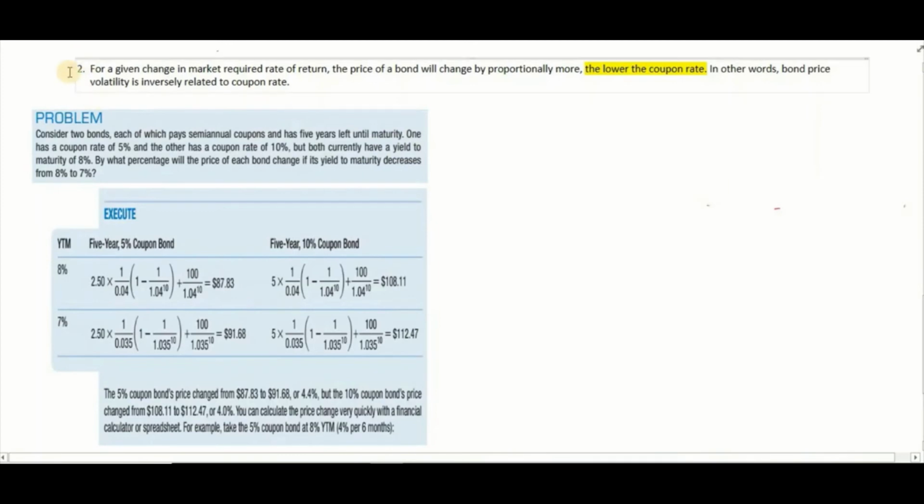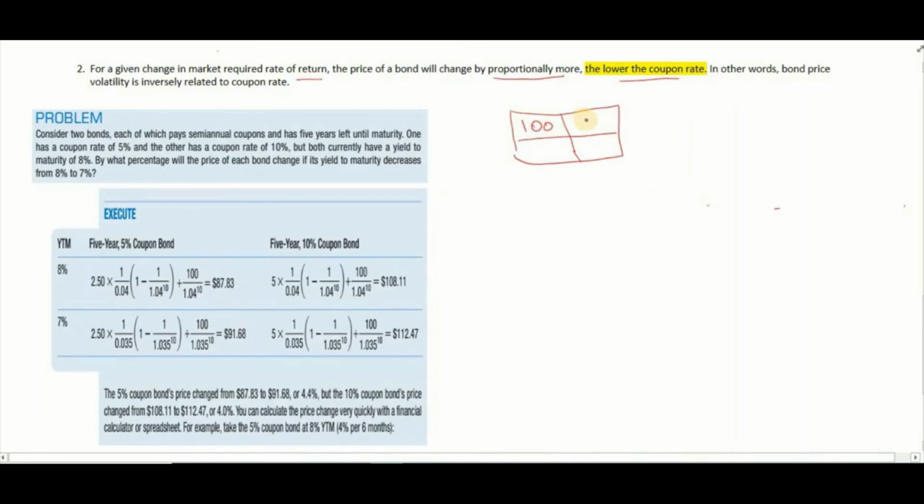Okay, here is the situation again. Let's say for a given change in the market rate of return, the price change will be proportionally more for the lower coupon rate. In other words, if we have two bonds, I will explain it this way. For instance, this bond has a par value of 100.